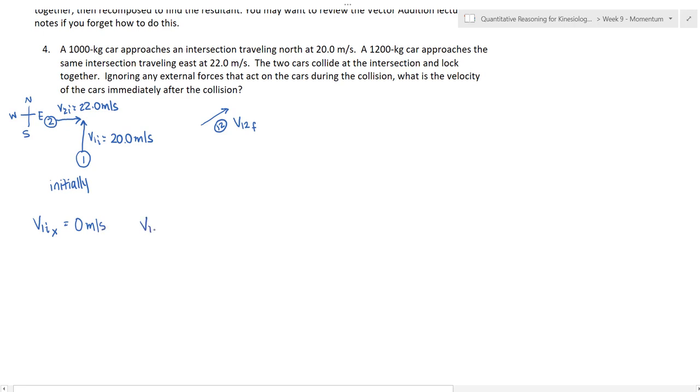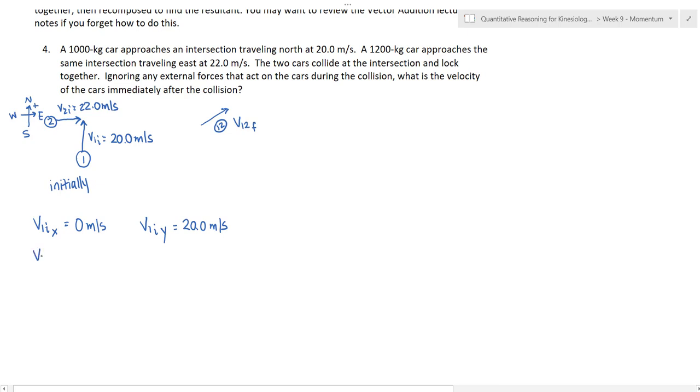What about V1 initial y? What is the y component of that vector? Okay, so we're assuming that up or north and east are both the positive directions. Put a little plus sign here. So V1 is going only in the positive y direction. So V1 initial y is 20 meters per second.